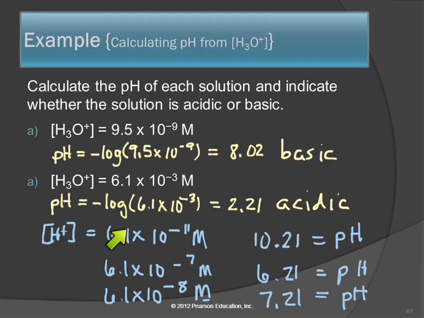So where is this 6.1 reflected in the pH? Only in the 21. So this part is a placeholding thing, for lack of a better word. These are placeholding digits, essentially. And the significant figures come after the decimal point.